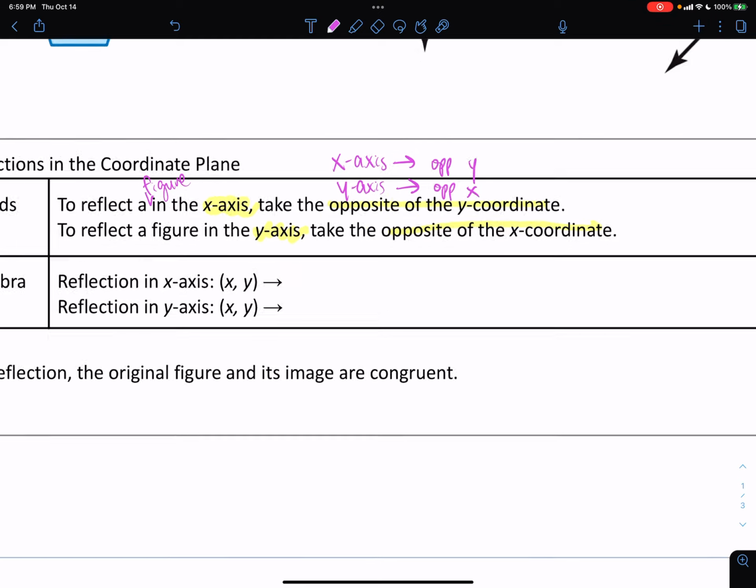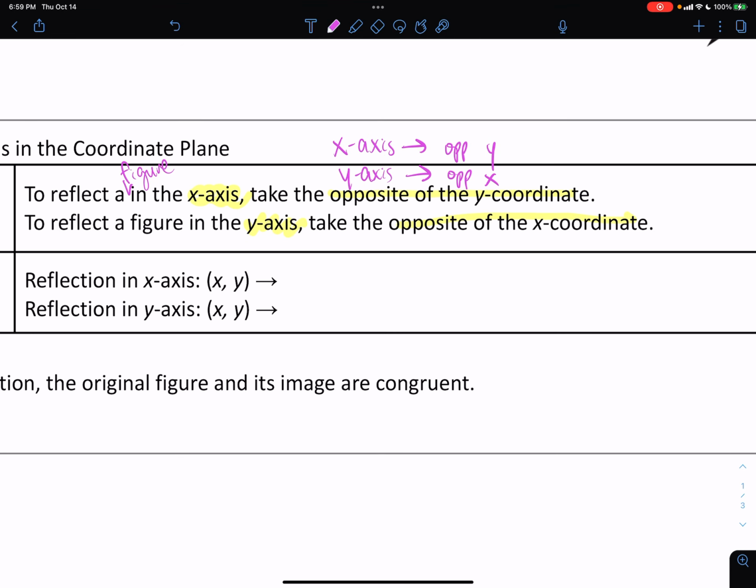Okay, so in algebra, here's how I do it. If I have (x, y), right, and I want to reflect across the x-axis, I will take (x, -y). So you're just going to add a negative sign in front of your y value if I'm reflecting across the x-axis. On the other hand, if I'm reflecting across the y-axis, I'm going to take the negative x value and my y value stays exactly the same.